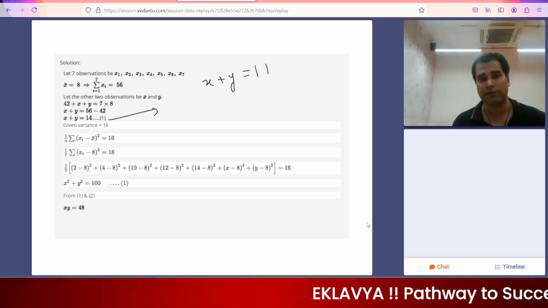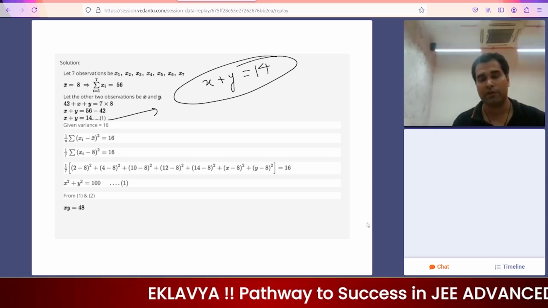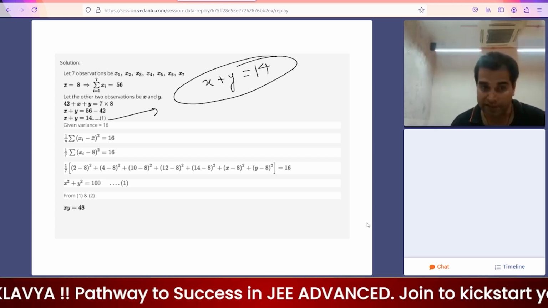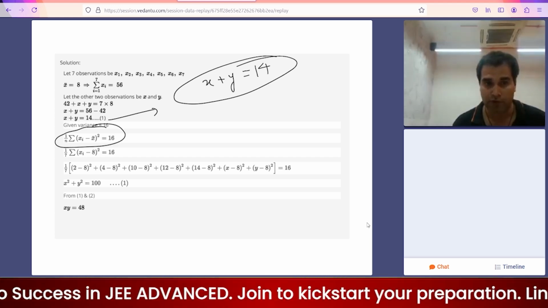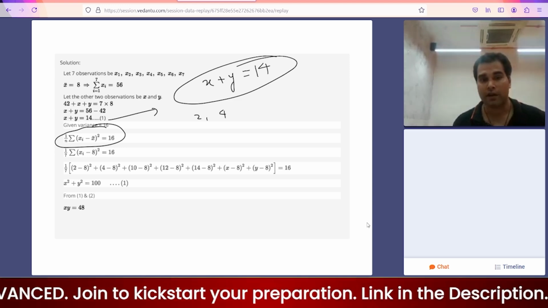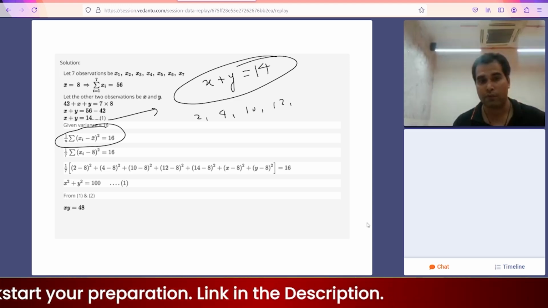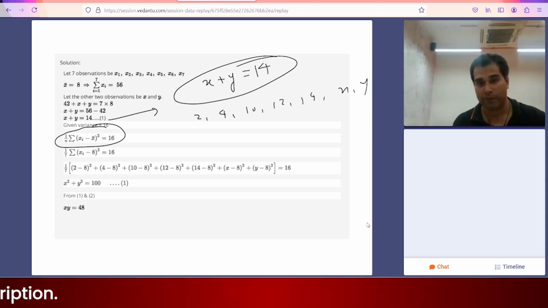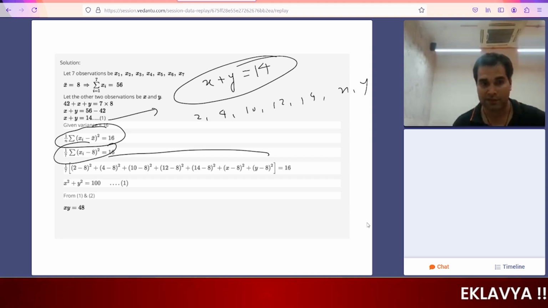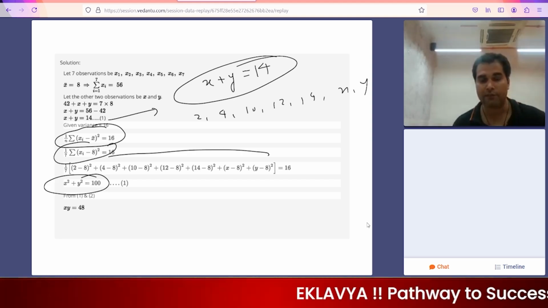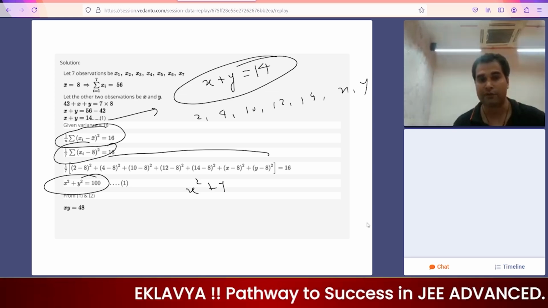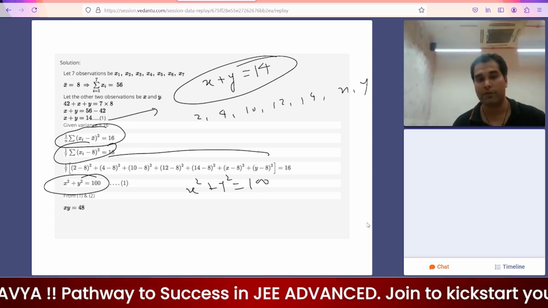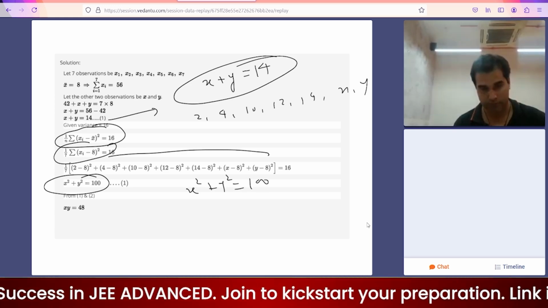Here we will get the equation x plus y equal to 14. Then for the variance, given 2, 4, 10, 12, 14, x and y, we apply the variance formula and we get another equation, x square plus y square equal to 100.